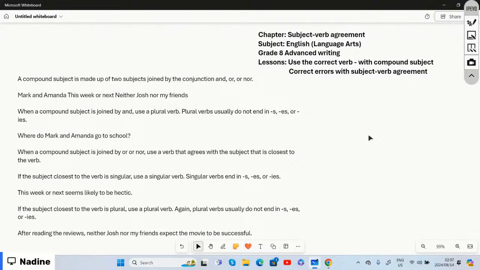So it needs to agree with one another. And then we have a compound subject. A compound subject means that we are referring to more than one person, like it's being joined.